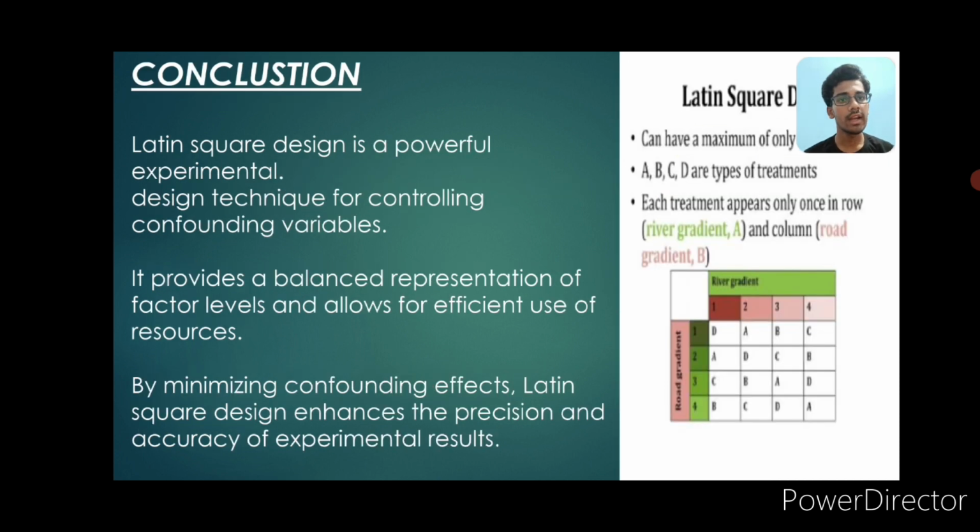Now, conclusion. Latin square design is a powerful experimental design technique for controlling confounding variables. It provides a balanced representation of factor levels and allows for an efficient use of resources.